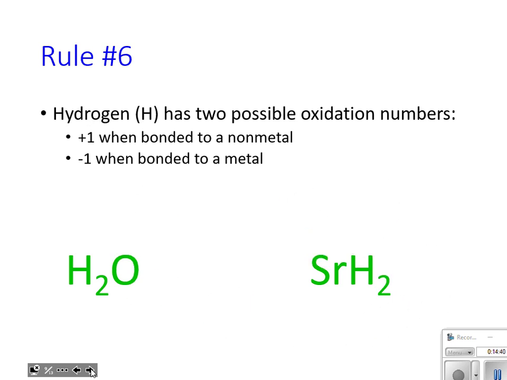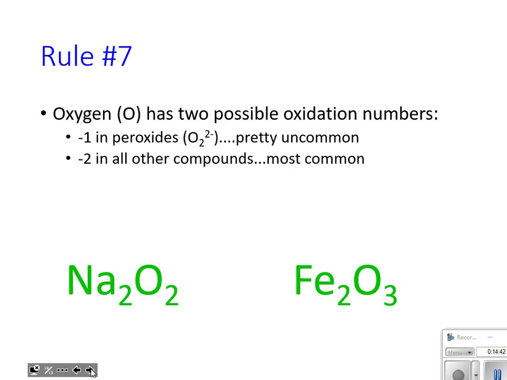Rule number 7 tells us that oxygen has 2 possible oxidation numbers, a -1 and a -2. Well, how do we know? Oxygen is -1 when it is a peroxide.